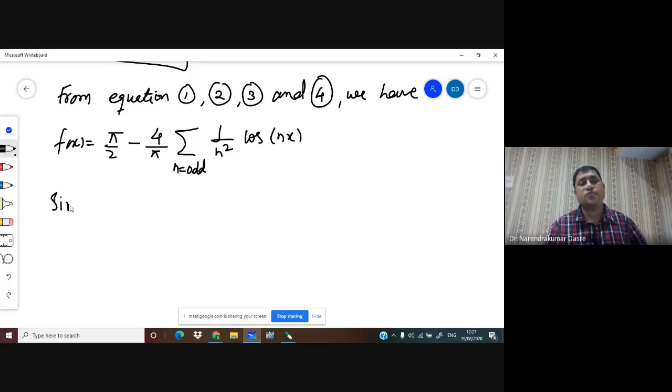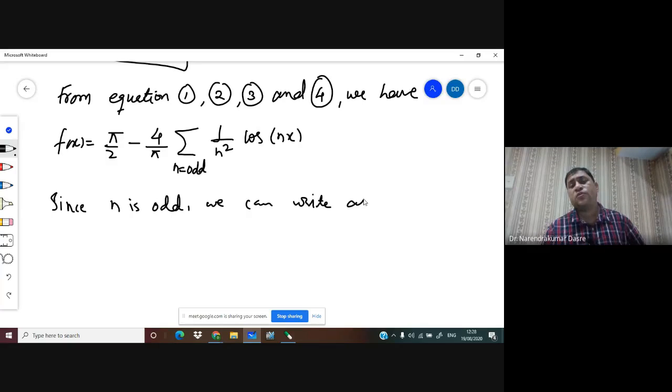Or this expression you can write, since n is odd, as follows. So remember this thing: 2n is even and 2n minus 1 is odd. So this is always even, this is always odd, and I want this term to be odd. So if I want this term to be odd, then the term inside the summation should be replaced.